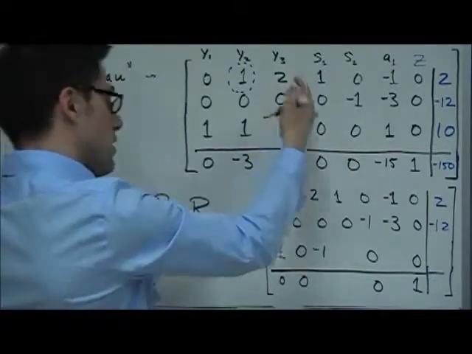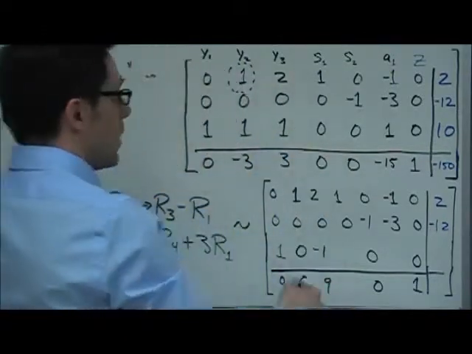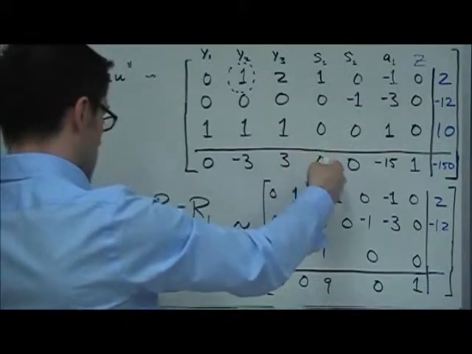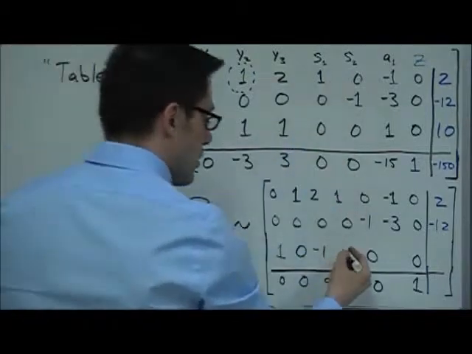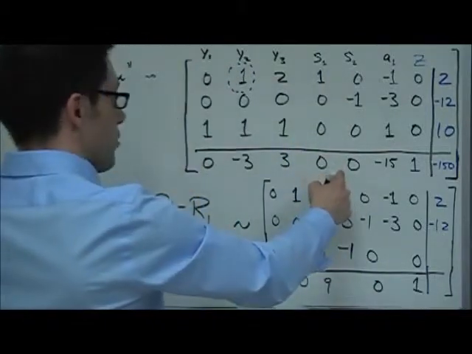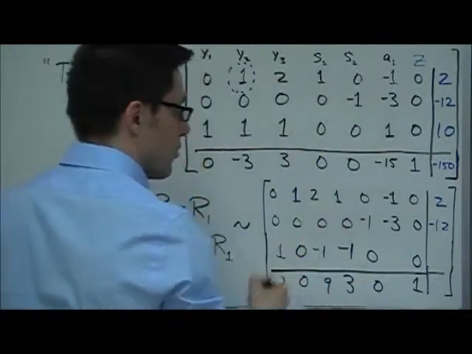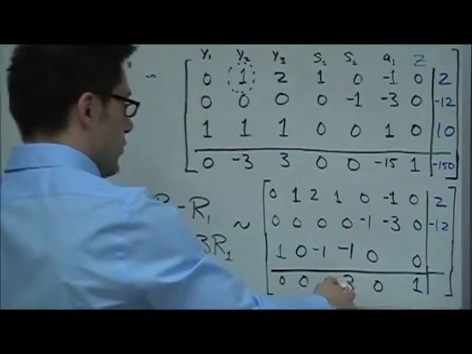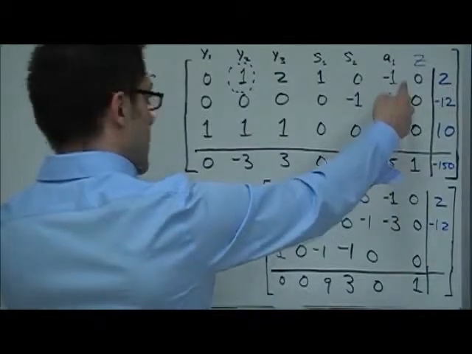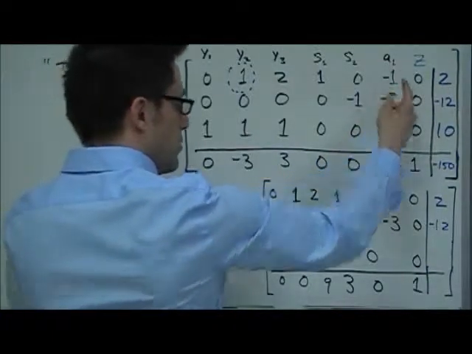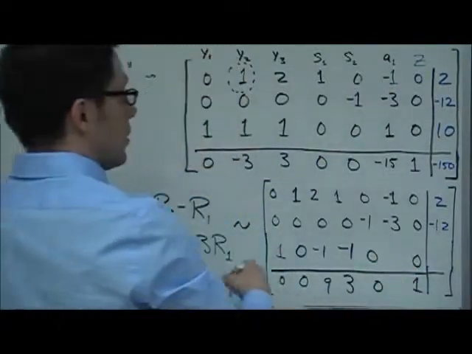So it's 3 plus 6. It's a 9. Similarly here we've got a 0 minus 1, so a minus 1 there, and then a 0 plus 3, so we've got a 3 over here as well. And similarly here we've got a negative 3 plus a 1.